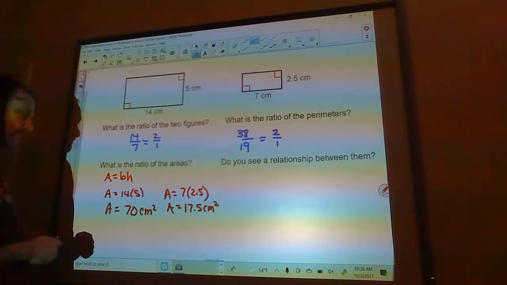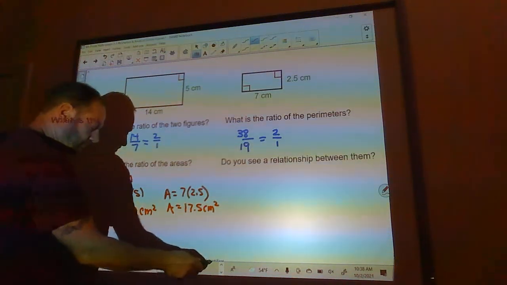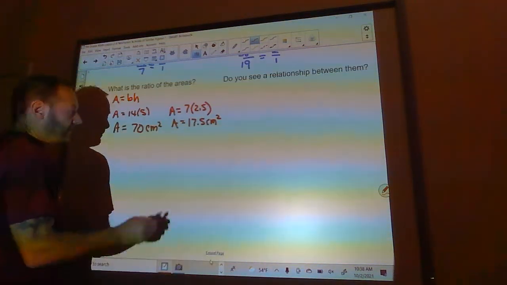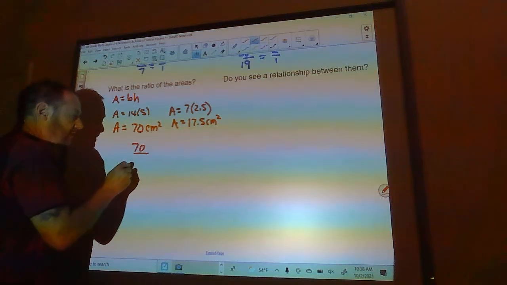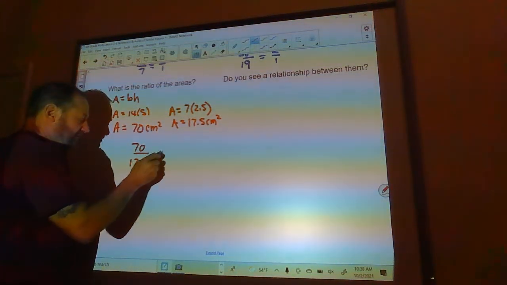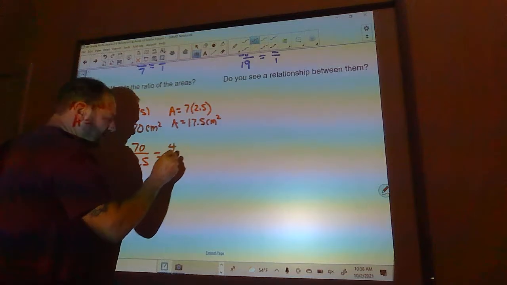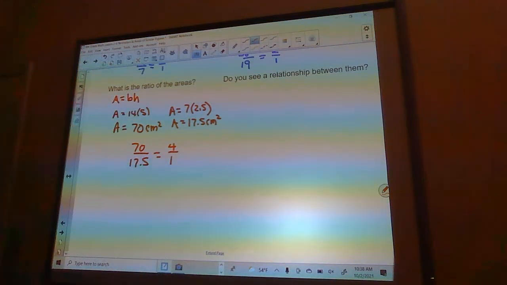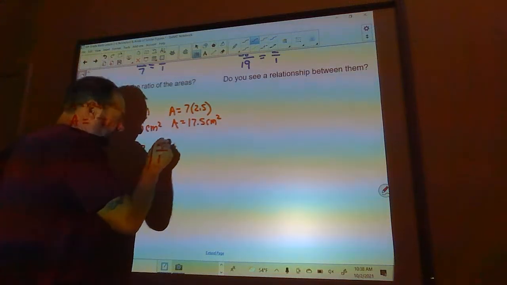Now, what's the ratio? The ratio is going to be 70 divided by 17.5, which comes out to be 4 to 1. There's the ratio of my areas.